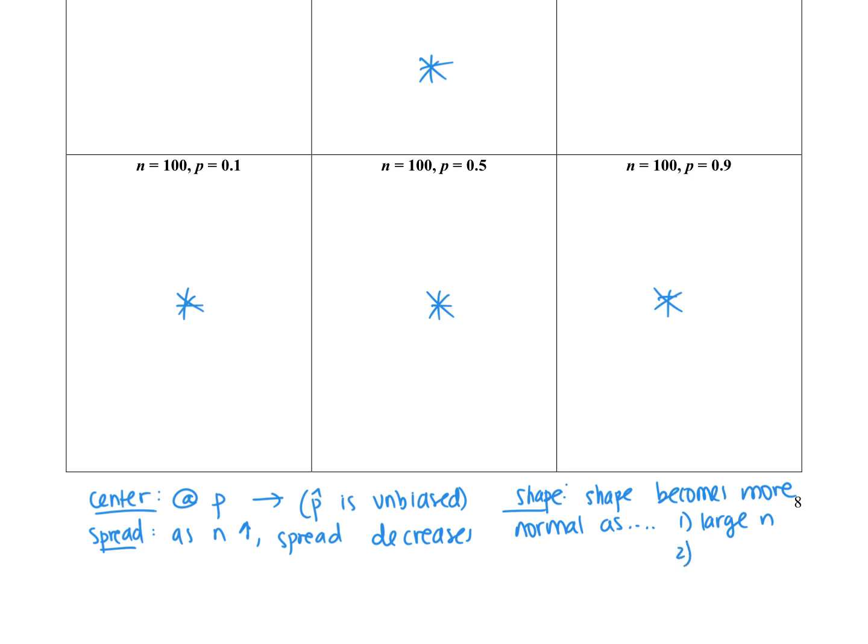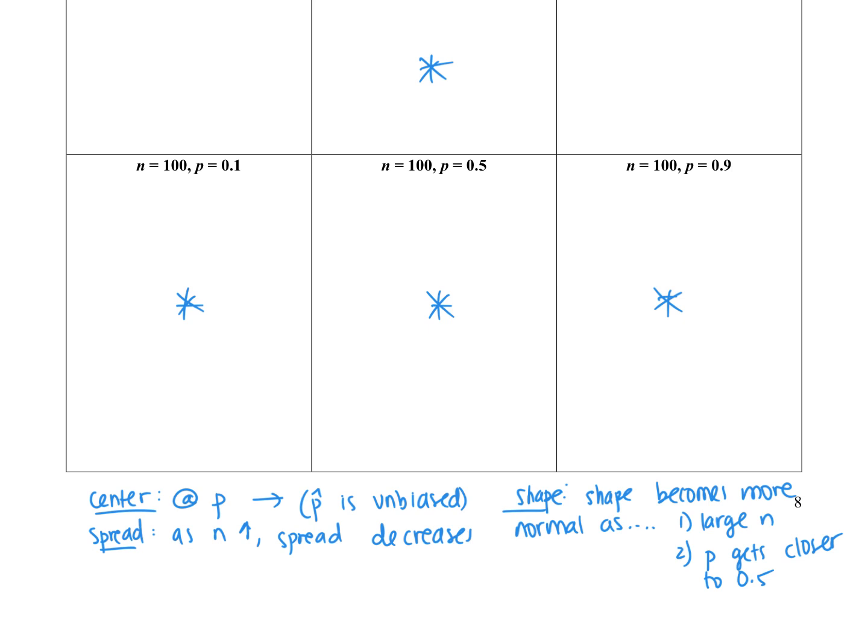And then secondly, P gets closer to 0.5. So when we have a large N and when P gets close to 0.5, the distribution will be normal. Now, that's pretty generic. We need some specific rules, so that's what we're going to talk about. I need 10 more minutes of your time to formalize, like put in symbols, center, spread, shape, and do one example, and that will be our notes.